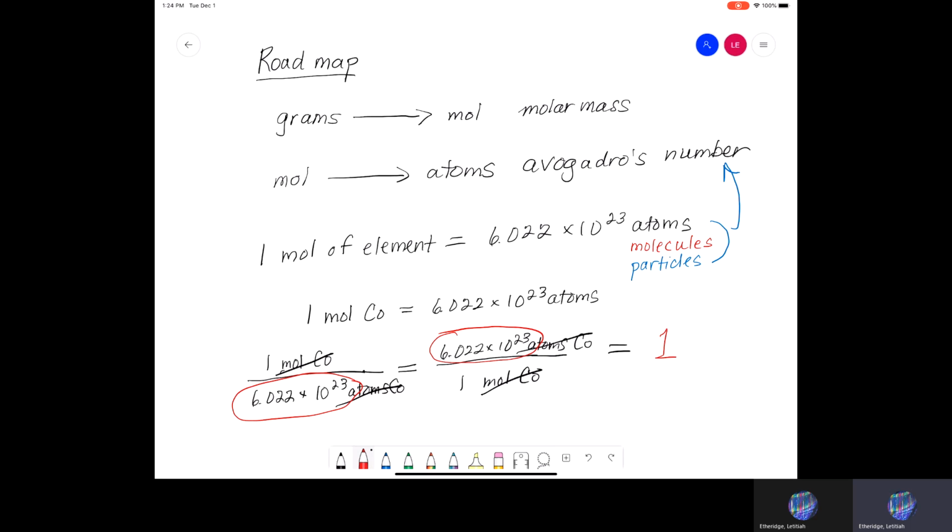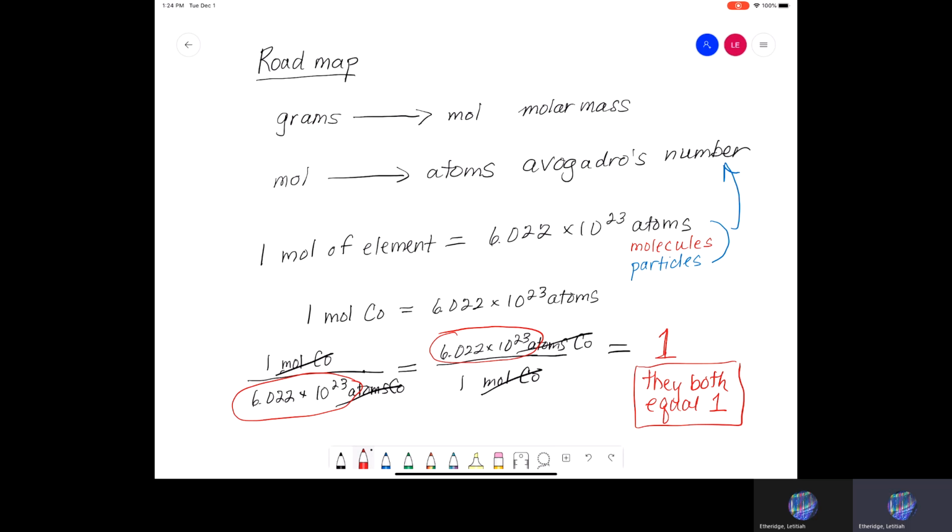Equals 1. That's why they say that you can use them interchangeably, because they both equal 1. Hopefully that clears that up.